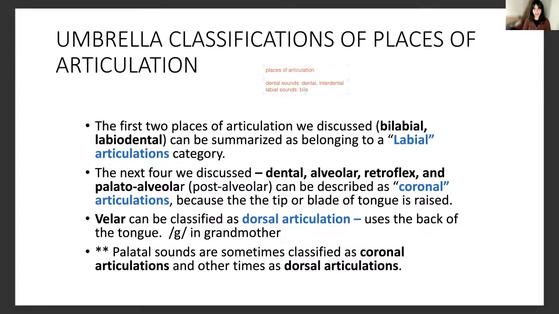So we have bilabial, which uses both lips, or labiodental, which uses the bottom lip and upper teeth. And we also spoke about alveolar consonants, so alveolar place of articulation. We also spoke about palatal sounds.